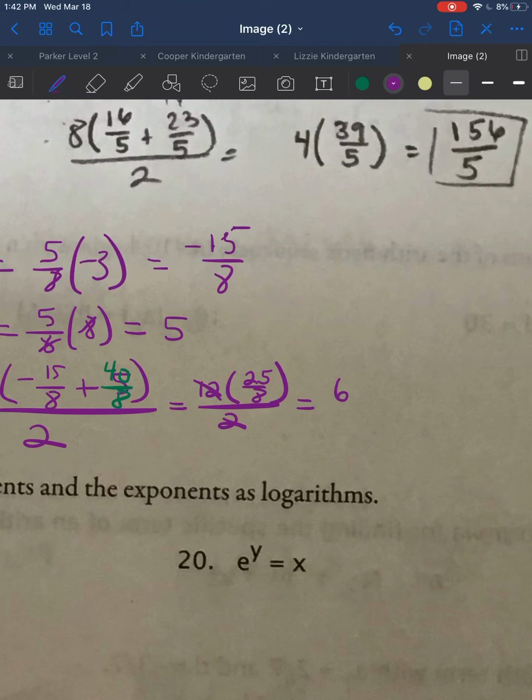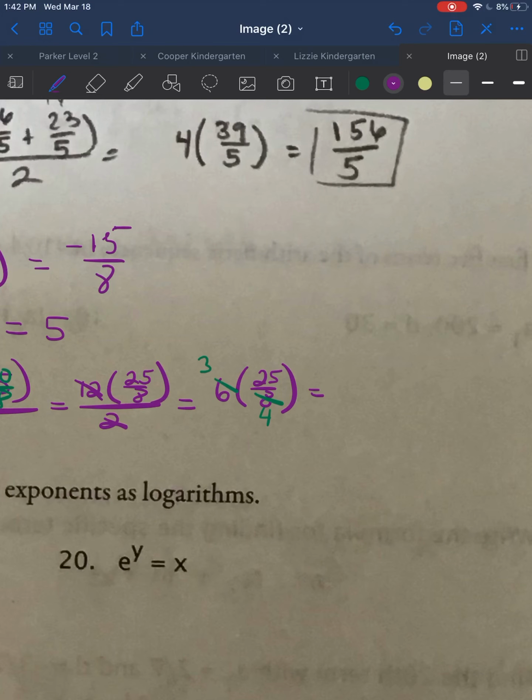So we've got 6 times 25/8. 6 and 8 both reduce. They both divide by 2, so this is 4 and this is 3. That makes it easier to multiply these, so we end up with 3 times 25, 75 over 4 would be your final answer.